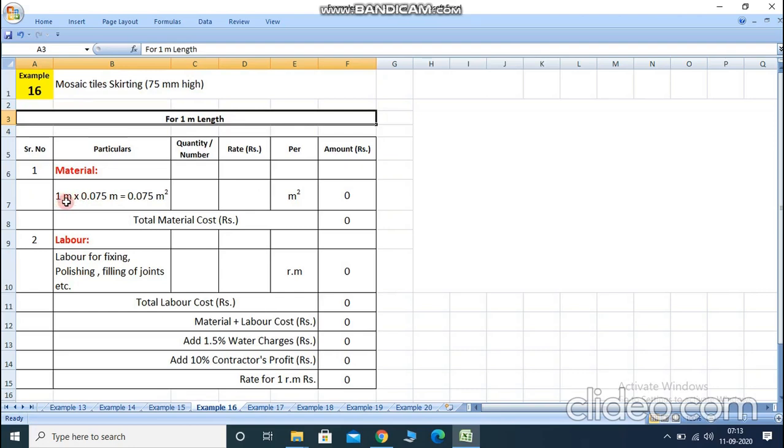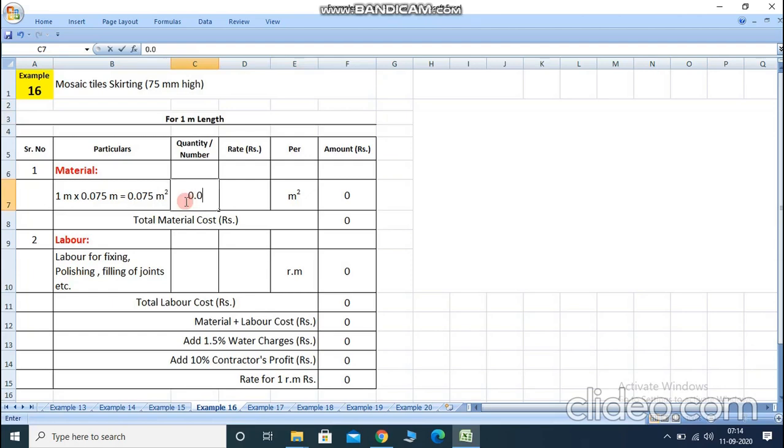For 1 meter length, and height is given as 75 mm. So 75 mm is converted into meter, 0.075 meter. So the total area is 0.075 meter square for a 1 meter running length.